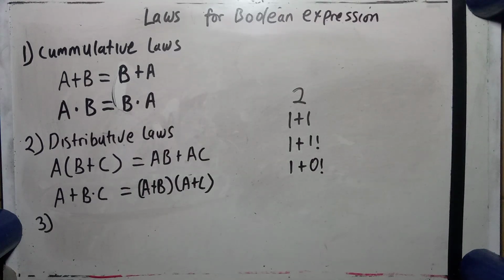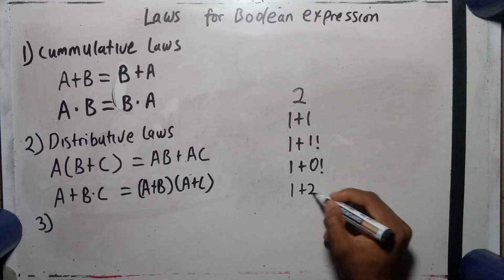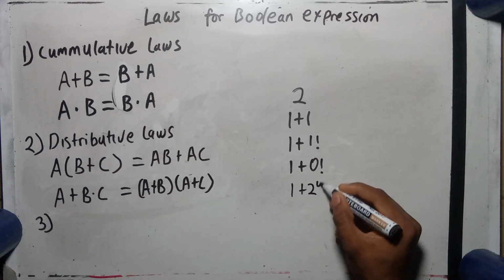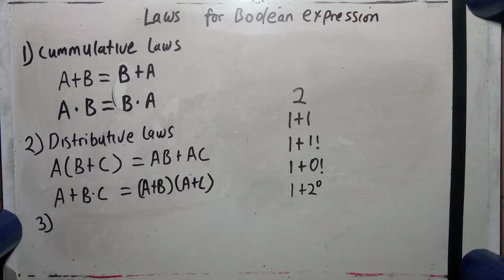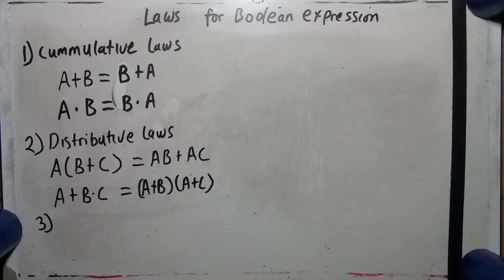Just play around with it. You can even say 1 plus 2 raised to power 0. All these things are just you playing around with your answer. You can do 2 times 1, like many things. That is how this Boolean expression is. It's quite fun. So when you know all those forms, using them won't be that hard.